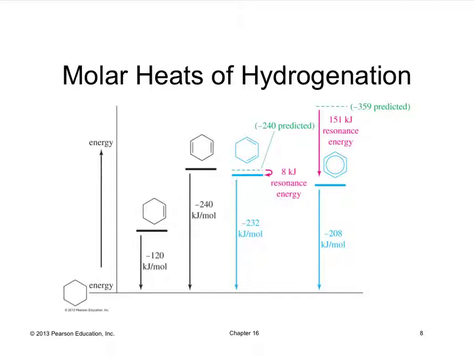And then, interestingly, when it's conjugated, one after the other, it's slightly lower than the predicted unconjugated system. And then if we predict three double bonds, it would be 359, but rather it's stabilized by resonance, as shown here with the 208 that we discussed before.